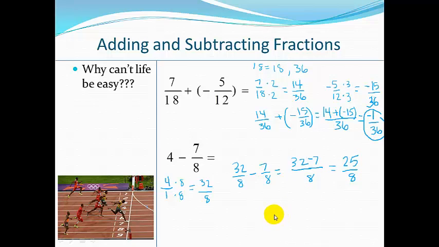So putting the top dog in the house, 25 goes inside and that 8 goes on the outside. 8 goes into 25 3 times. 3 times 8 is 24. Subtract to get 1. And again, this is my whole number. There are 3 whole pizzas with 1 piece left over out of the 8 that come in a pie. So it's 3 1/8.